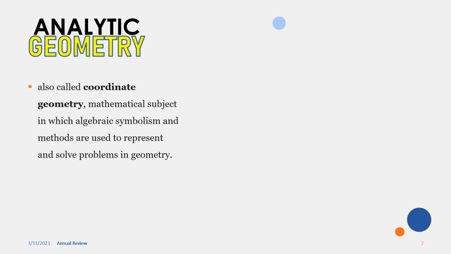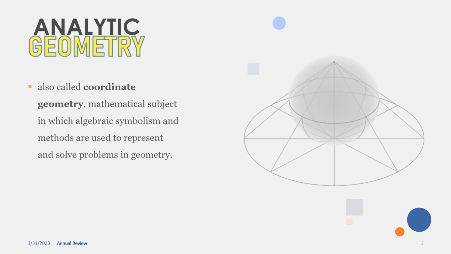It is also called coordinate geometry, a mathematical subject in which algebraic symbolic methods are used to present and solve problems in geometry. So basically, we're using points, coordinates and formulas in solving problems.